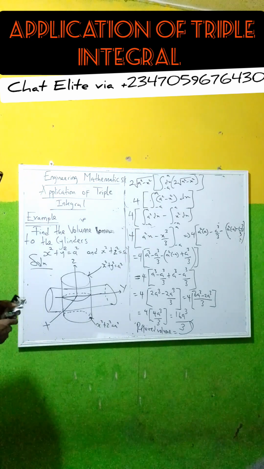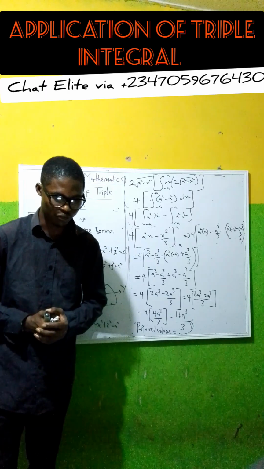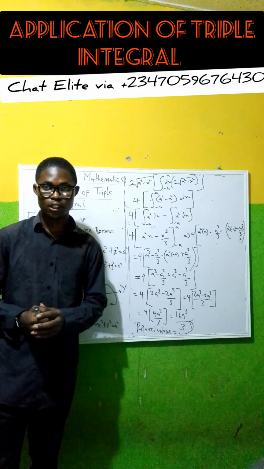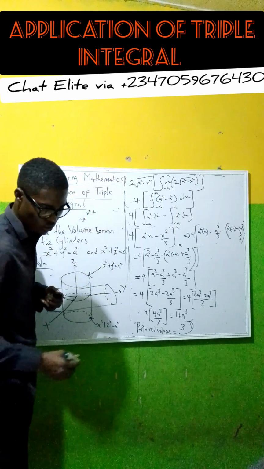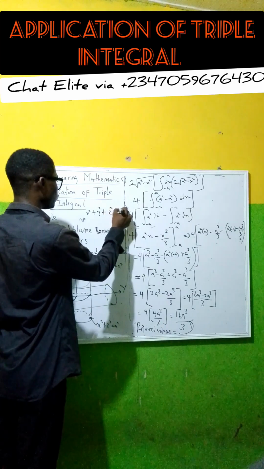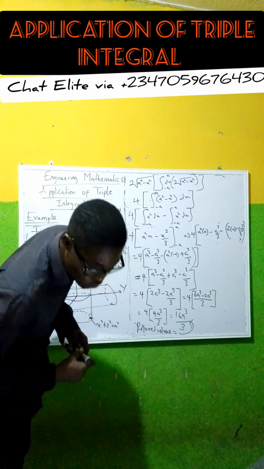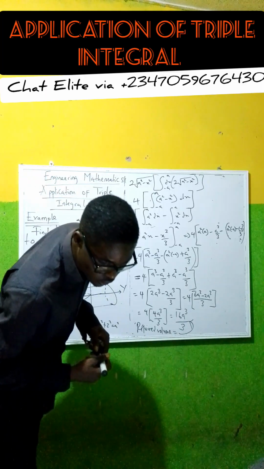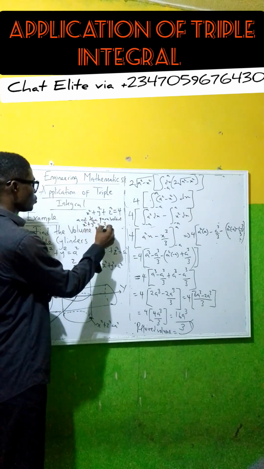Find by triple integration the volume of a solid bounded by the sphere x squared plus y squared plus z squared equals 4, and the paraboloid x squared plus y squared equals 3z.